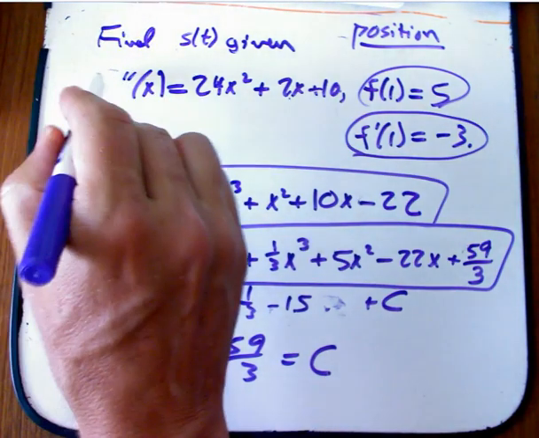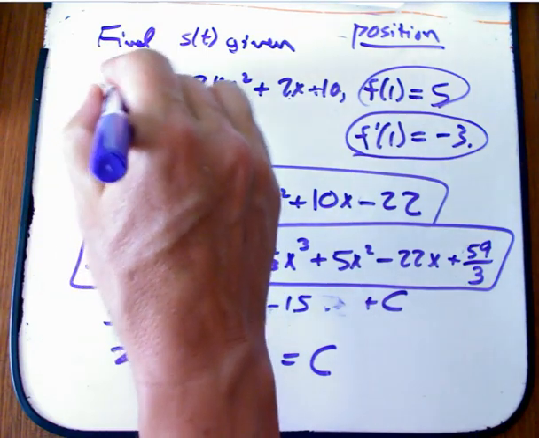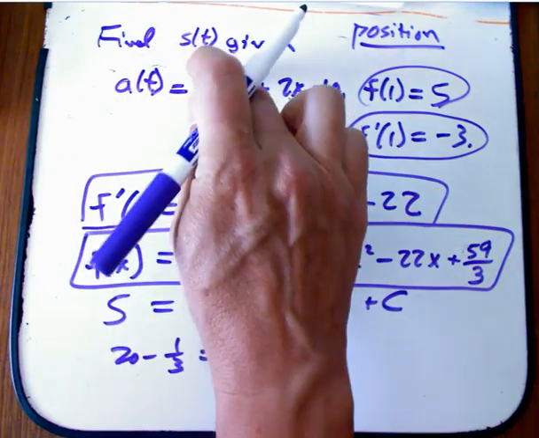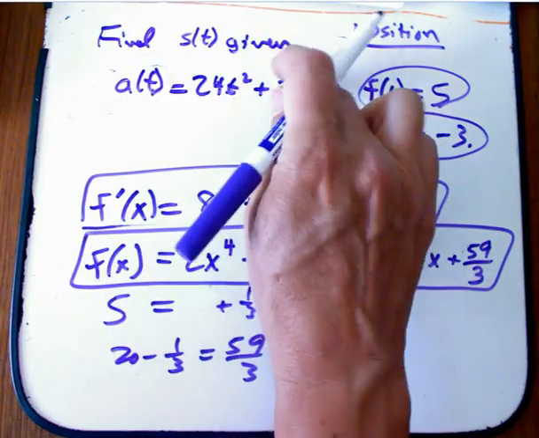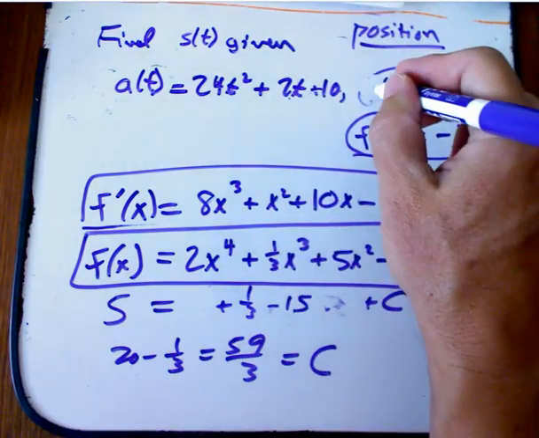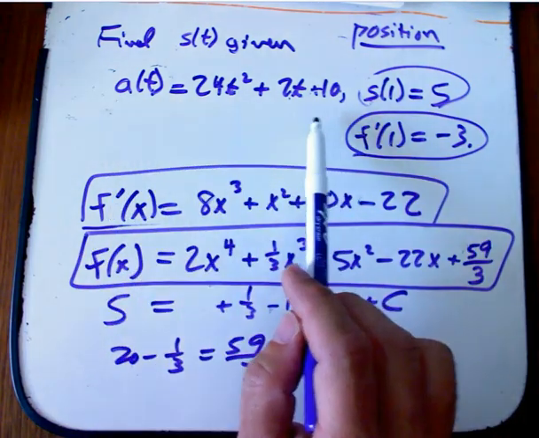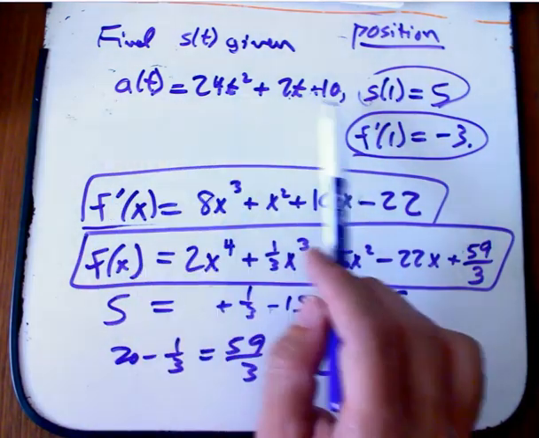Well, what's s double prime? Oh, we usually call that the acceleration. And I'm just going to change all my x's to t's. And then what are we given? We're given the acceleration for all future times, or at least for a while, for some interval, let's say.